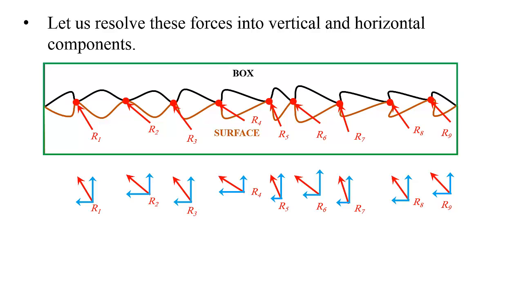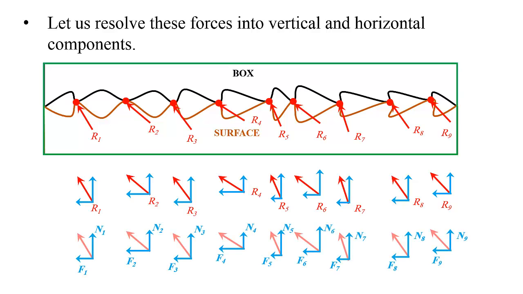Resolving the forces this way, I now have two components for each force. The vertical component, I will call N, and the horizontal component, I will call F. N, because it's the normal force, perpendicular to the surface of the box, and F because it's a frictional force, as we will see later on.